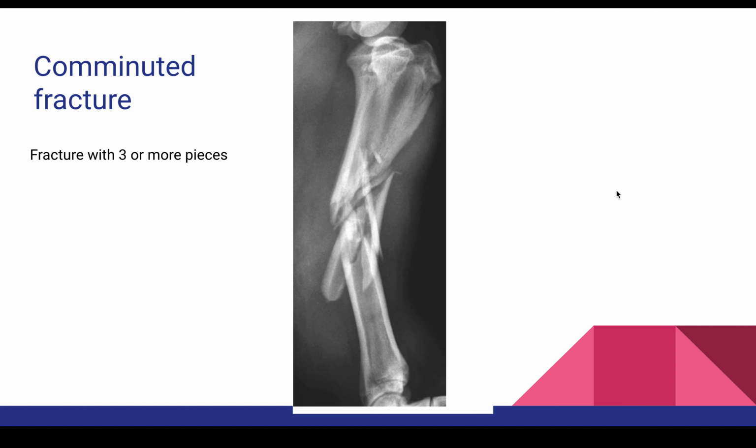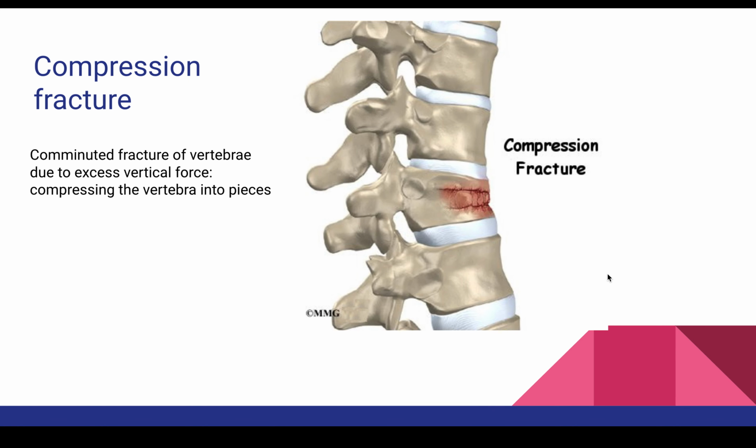Comminuted fracture is a fracture with 3 or more pieces. This is an absolute horror. This is too many. This is quite serious. So 1, 2, 1, 2, 3, and a bit more fragment here as well. Compression fracture. These tend to occur in the vertebrae.